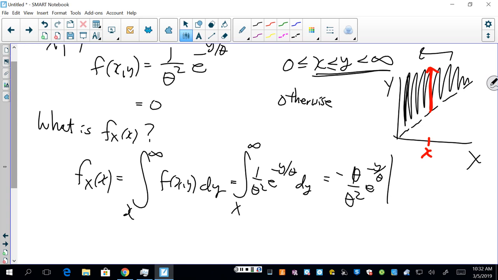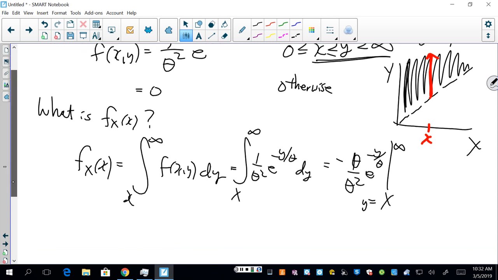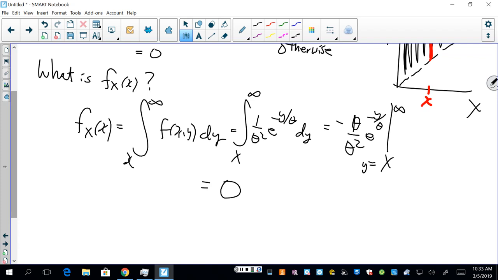And that's evaluated at x and infinity. At the top one, when y is going off to infinity, that's going towards 0 because of the negative exponent. And then there's a minus, but there's another minus there. One of those thetas cancels. And we put x into there.